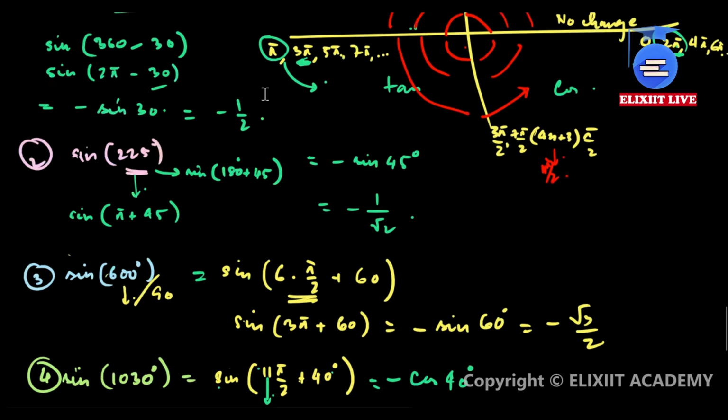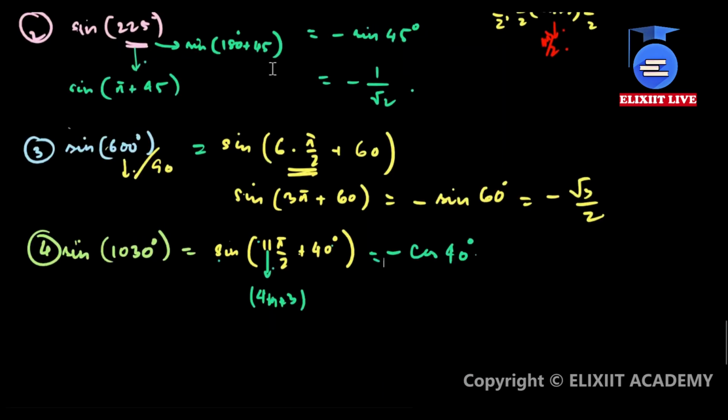But sometimes they will trick you. They might also give these types of angles in terms of odd multiples of pi by 2. You have to figure out odd multiples of pi by 2. First three were easy. The last one was 1030, 11 pi by 2 plus 40. You might also need to think in odd multiples of pi by 2. So this depends upon your practice of these angles. Let's do some more questions on these angles.